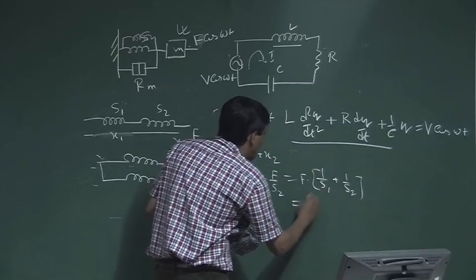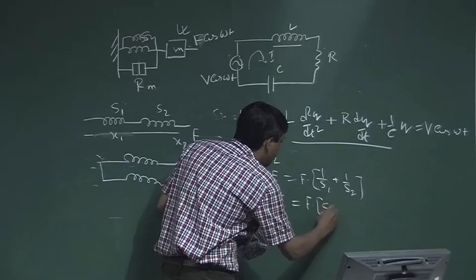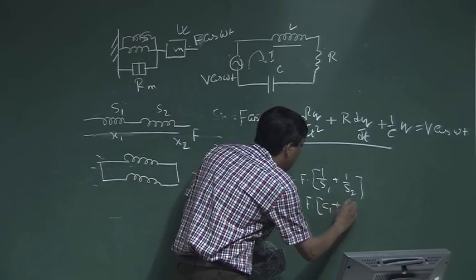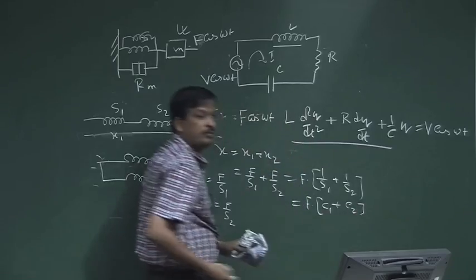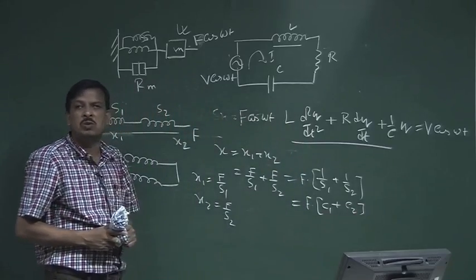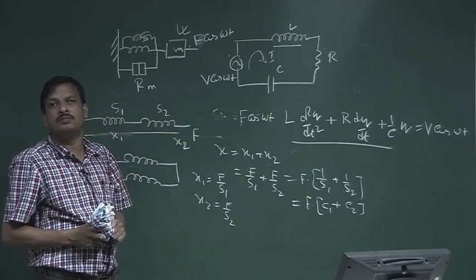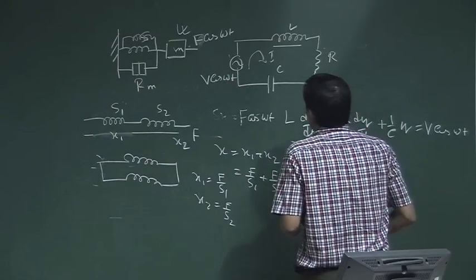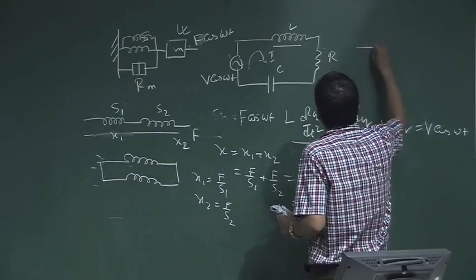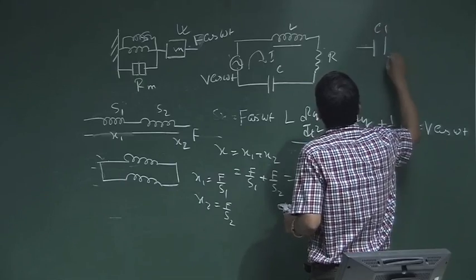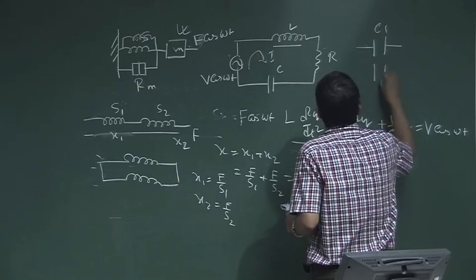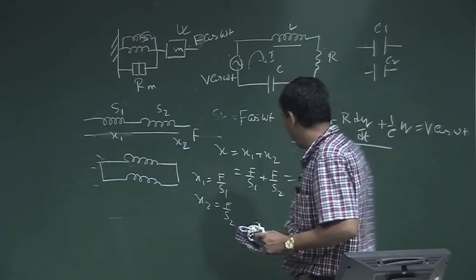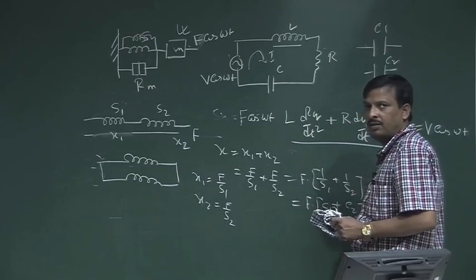Now, 1 by S1 is equivalent to C1 and 1 by S2 to C2, so it is C1 plus C2. If I have two capacitances, C1 and C2, how should they be connected to get the equivalent capacitance C1 plus C2? If they are connected in parallel, the effective capacitance is C1 plus C2.